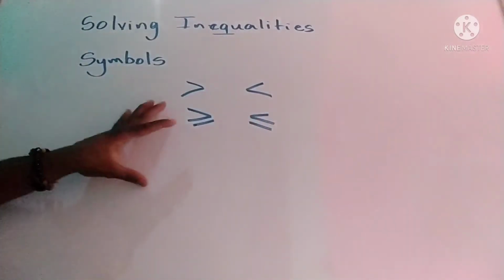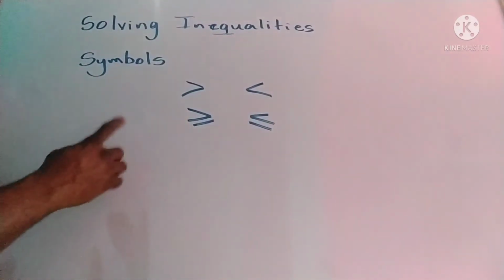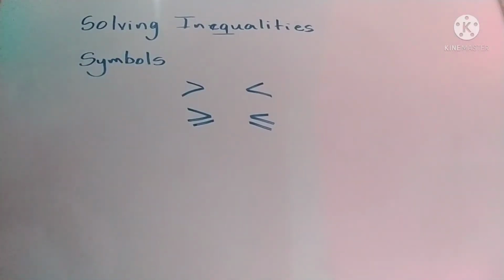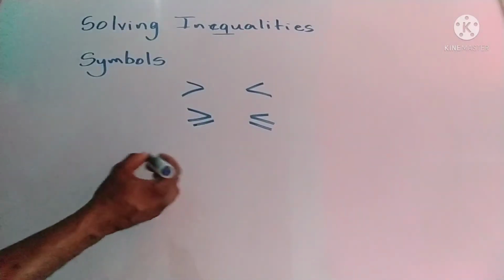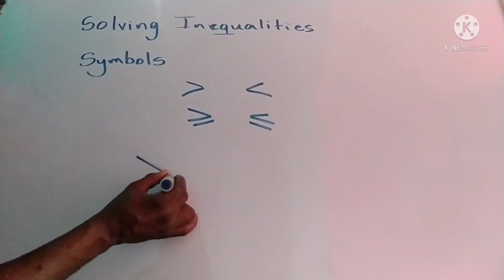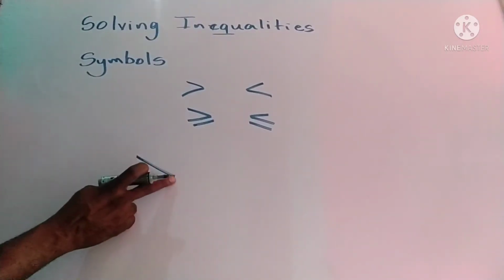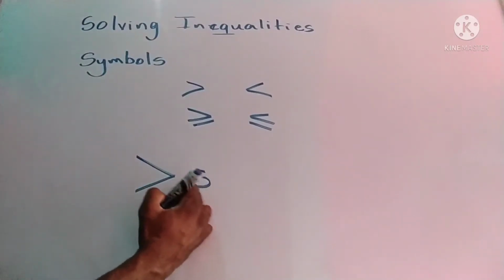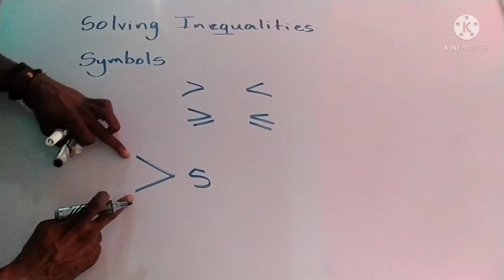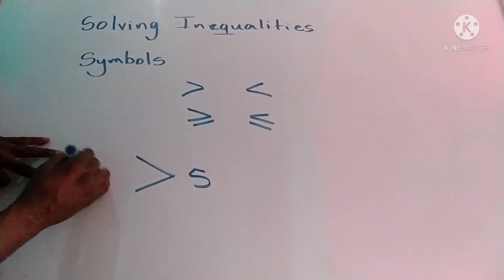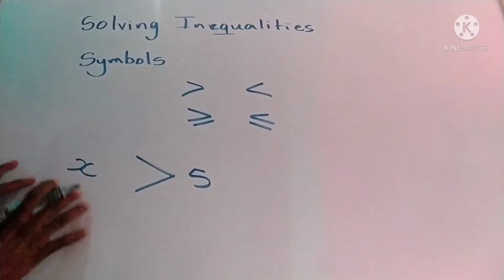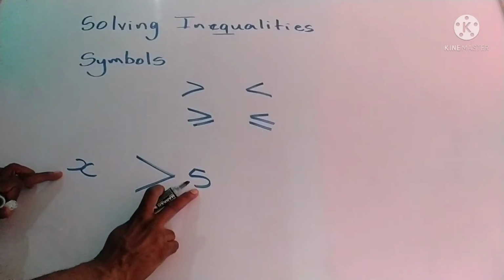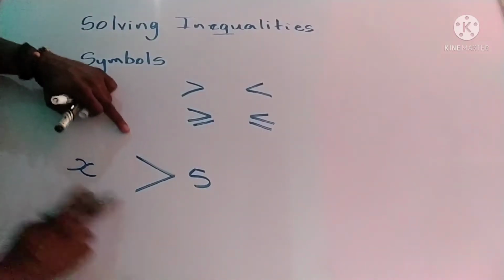Technically speaking, these symbols are actually the same depending on where you're reading them from. So normally, I would say to people that if it closes down to you, for example, if I'm on this side and it closes down to me, I say less than. And if it opens up to you like here, and you're here, then you say greater than. For example, I would read this, x is greater than 5, because it opens to the x.